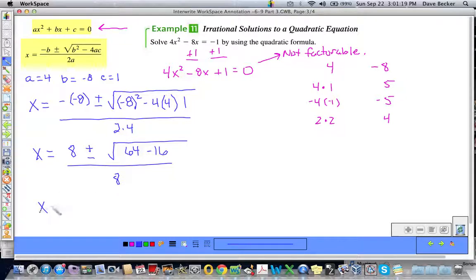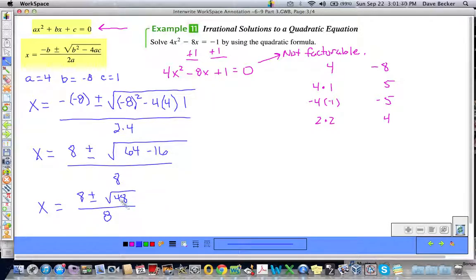And so x will equal 8 plus or minus 64 minus 16 is going to be 48. So square root 48 over 8. And that is a perfectly good answer. I would accept it. But there are times when you do need to simplify it.